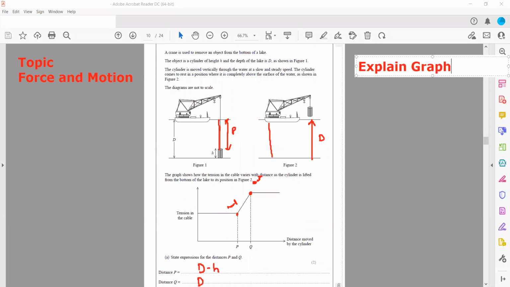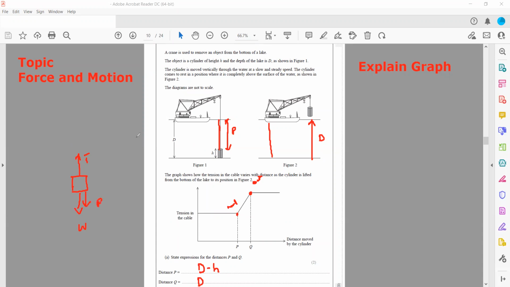So if we have to explain the graph, what happened basically in this graph: as I mentioned, the cylinder is moved vertically through the water at a slow and steady speed, at a constant speed. When we are taking it out, weight is acting downward and the tension in the cable is acting upward. What about the frictional force, the viscous drag or drag force?